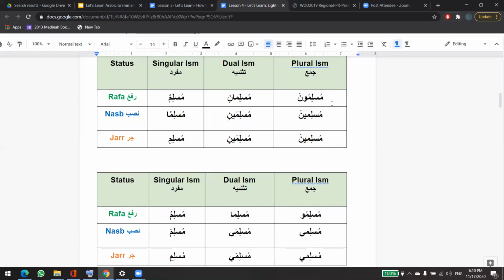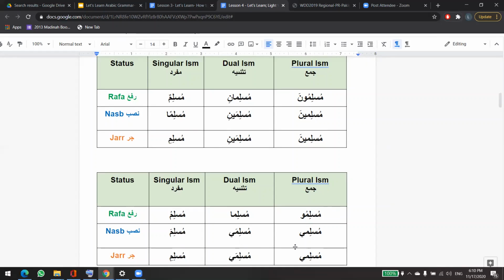And for pluralism, we have the pattern Muslimuna, Muslimina, Muslimina, but in the other chart, instead of Muslimuna, it has changed into Muslimu. For Muslimina, we have Muslimi.